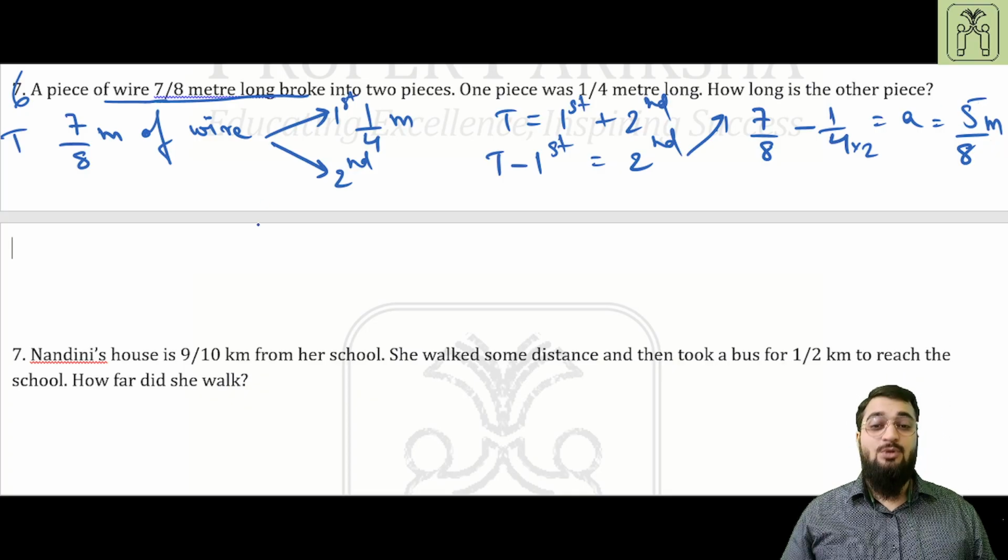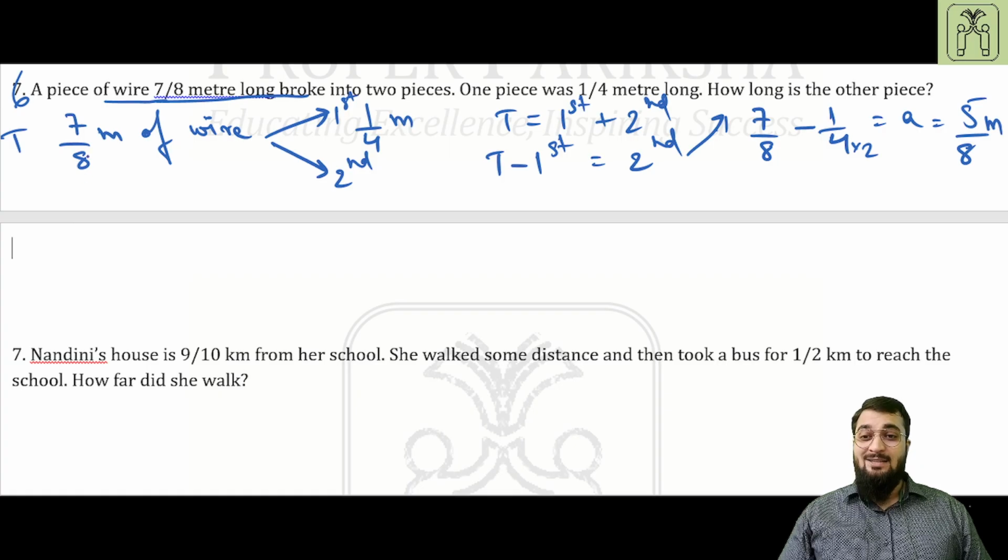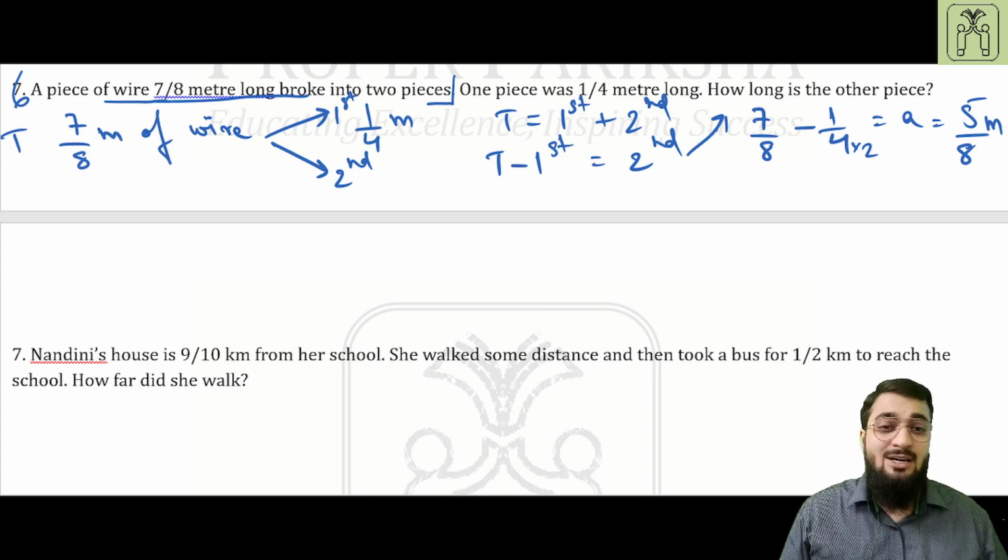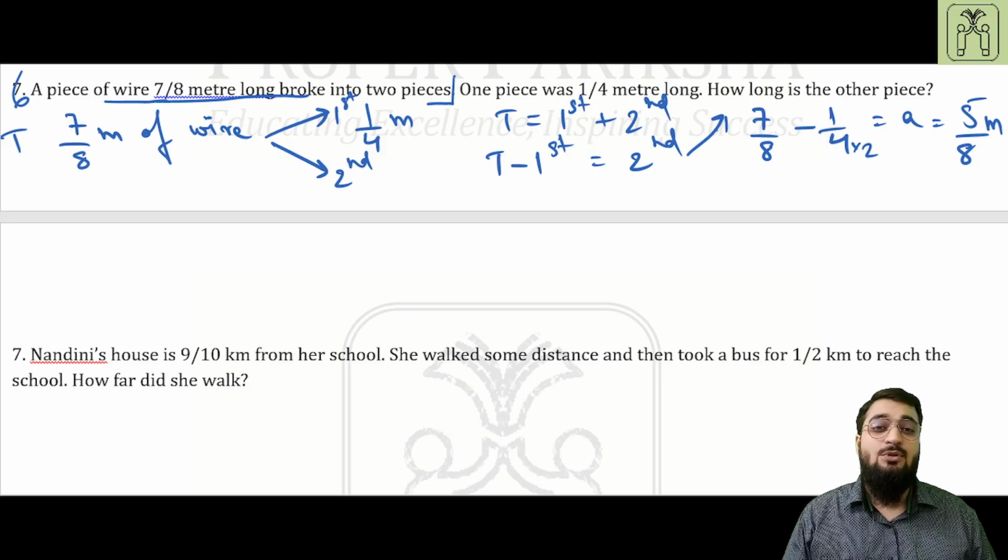However, if the question would have been this way, that a piece of wire is 7 by 8 meter long, broke into two pieces, same as it is, and one piece was 1/4 of the original piece, or 2/4 of the original piece, or whatever the fraction it is, how long is the other piece?